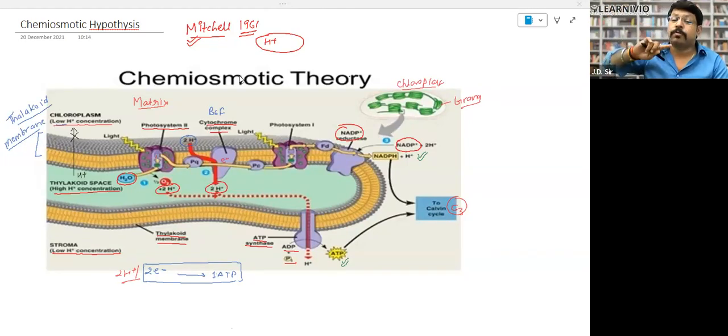The same theory is applicable for mitochondria as well, and the same theory is applicable for chloroplast. Proton gradient. Full stop.